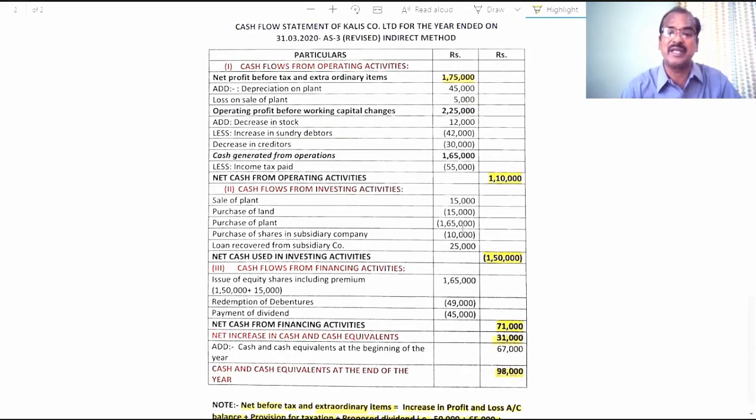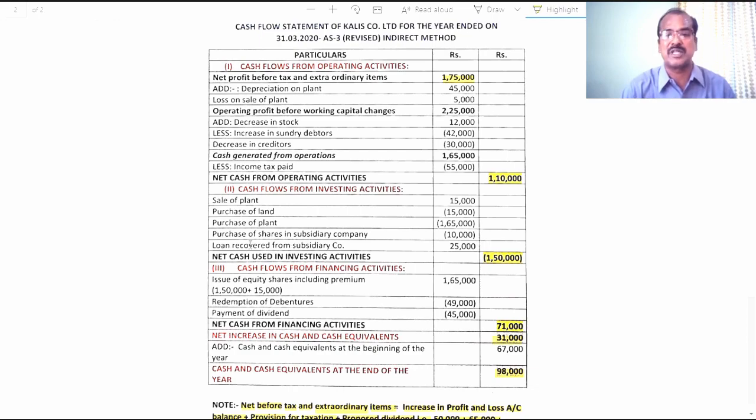Purchase of plant, that we found out by preparing the plant account. We learned that a plant worth 1,65,000 rupees has been purchased during this year. So it is a cash outflow. Purchase of shares in subsidiary, I very clearly explained when I explained the items of assets in the beginning of this video. This 10,000 rupees is cash outflow through investing activity.